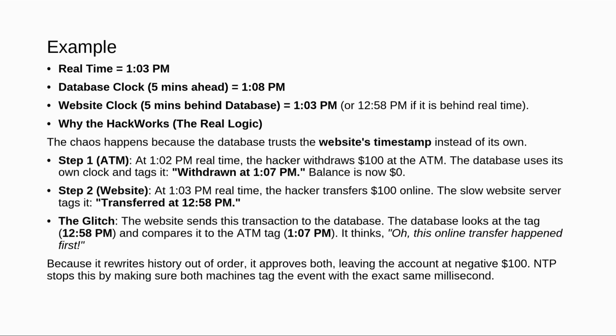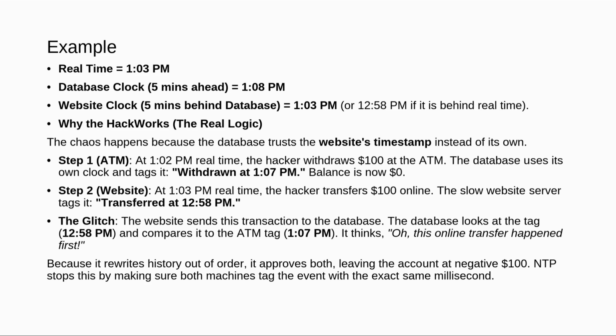The website sends the transaction to the database. Now the database looks at the tag, 12:58 p.m., and compares it to the ATM tag, 1:07 p.m., and thinks, oh, the online transfer happened first. Because it rewrites history out of order, that's the rule for the database, it approves both, leaving the account at -$100.